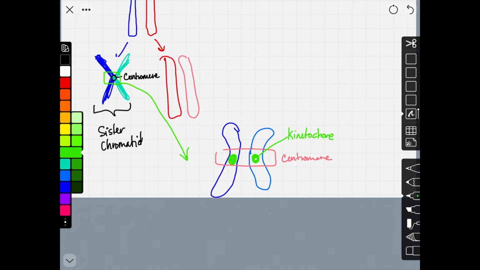When the cells divide, the cytoskeleton will attach to that kinetochore and use it to kind of rip those sister chromatids apart. Until that point, just to kind of keep things structured so they're easy to move around, these sister chromatids are kind of connected by a very weak molecule called cohesin. And you can think of it as like standing for cohesive.